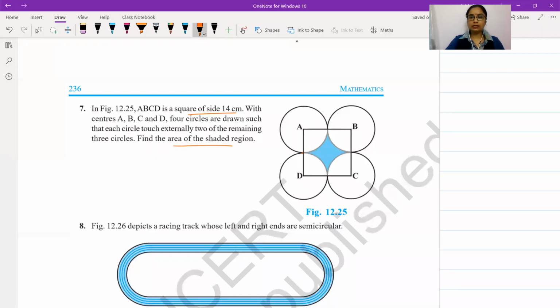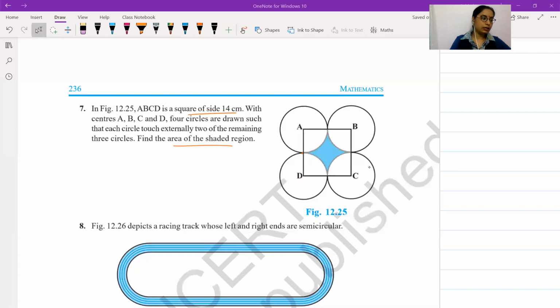Anyone who can answer this? These circles as such are not important for this question. The only thing we need is this square and the portions which lie in the interior of the square.